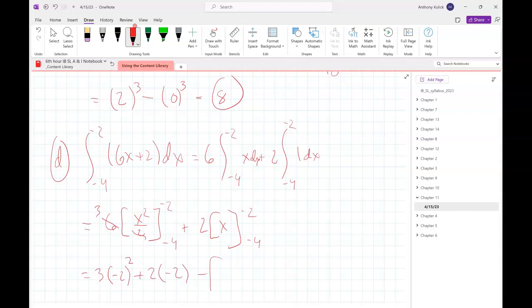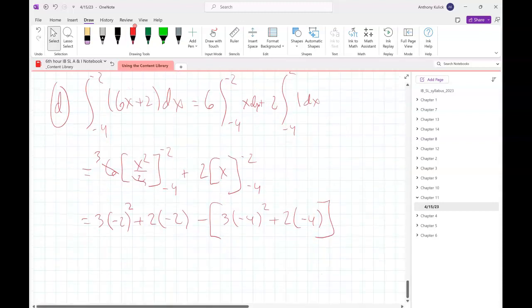Then minus, and I have to be careful here, because I have like a quantity going on here. So I have to make sure that that subtraction is going to apply to the entire function.